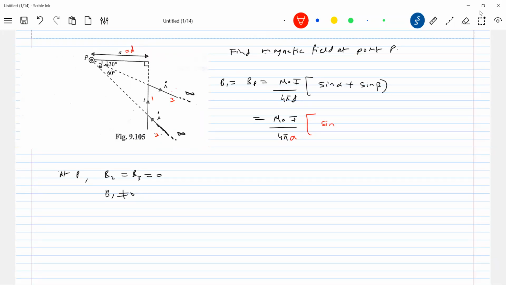Sine alpha is 60 degrees, no? Plus 60 or minus 60, what can we write? Plus 60. What about beta? Minus 30. One end is at 60, the other at minus 30 degrees. So mu naught I by 4 pi, root 3 by 2 minus 1 by 2.